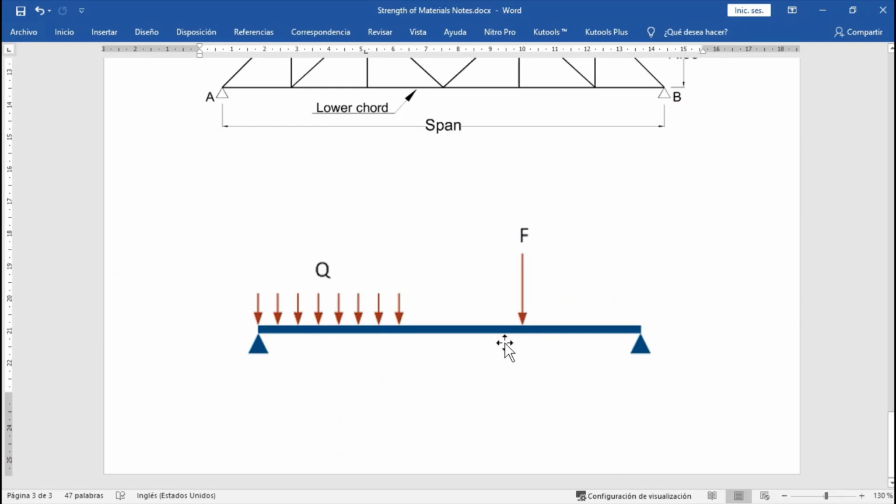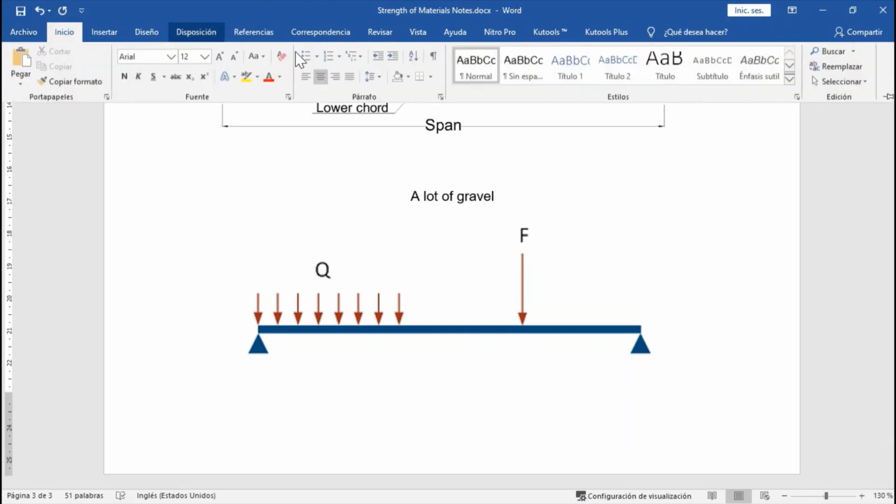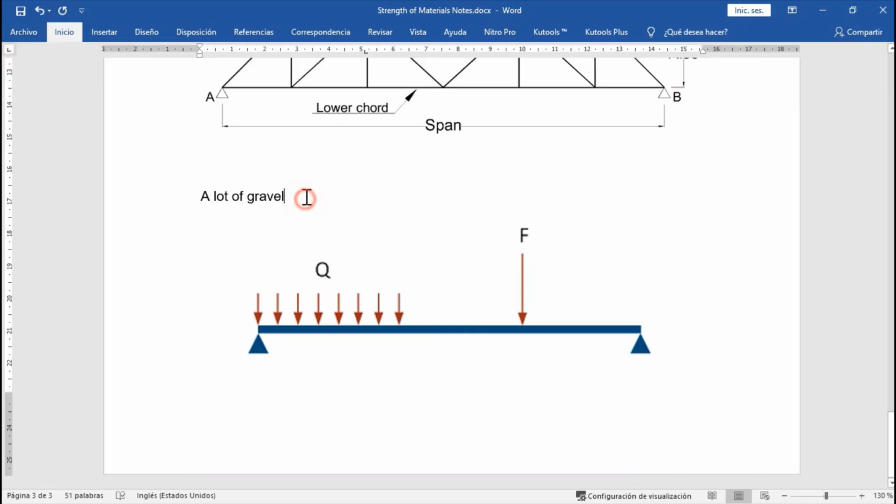But if we have a specific type of load that cannot be concentrated, for example, imagine a sack or a big box with a lot of gravel, all piled together, it will not be a concentrated force because those little rocks in the gravel, they're like small forces that we can consider to be a general distribution of forces, like here.